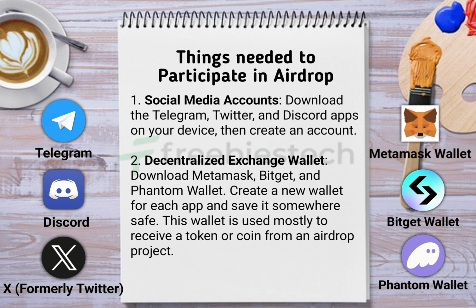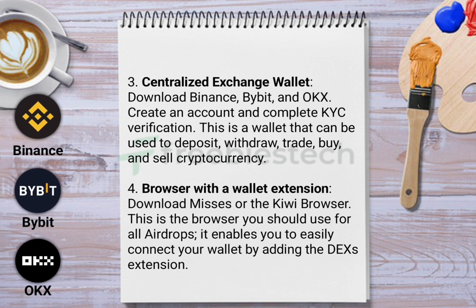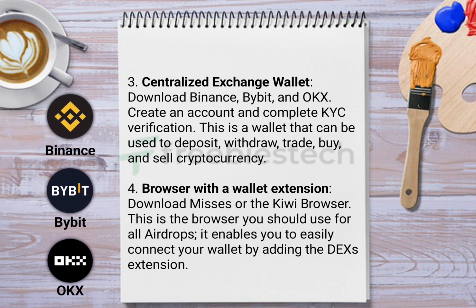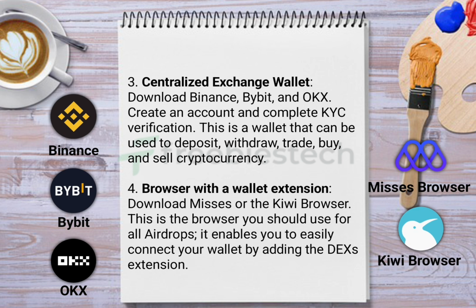This wallet is used mostly to receive a token or coin from an airdrop project. 3. Centralized exchange wallet. Download Binance, Bybit, and OKX. Create an account and complete KYC verification. This is a wallet that can be used to deposit, withdraw, trade, buy, and sell cryptocurrency.